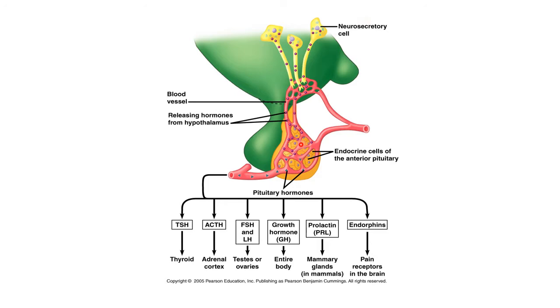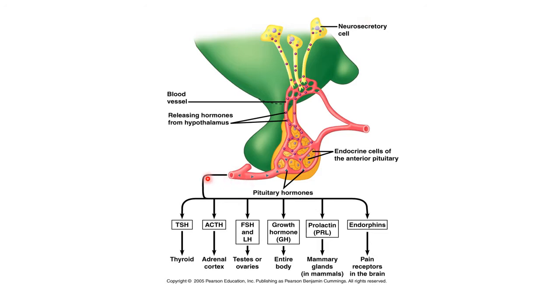These hormones diffuse into the secondary plexus capillary, here the blood capillary in the secondary plexus. These capillaries transport the hormones into the hypophyseal vein. These veins help transport the hormones into the circulation, and they go into the circulation.